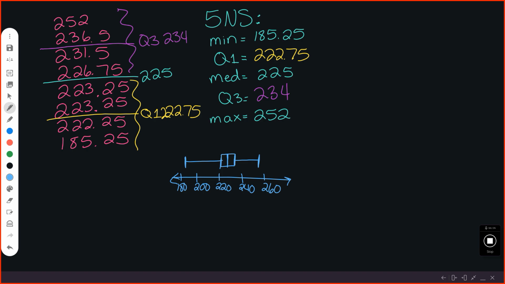Okay, that's it. Oh, I guess I'll tell you the distance from here to here. Oh, I know what it was. The distance from here to here is called the IQR, which is also known as the interquartile range.